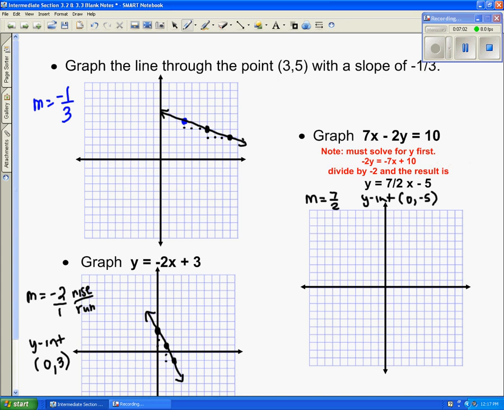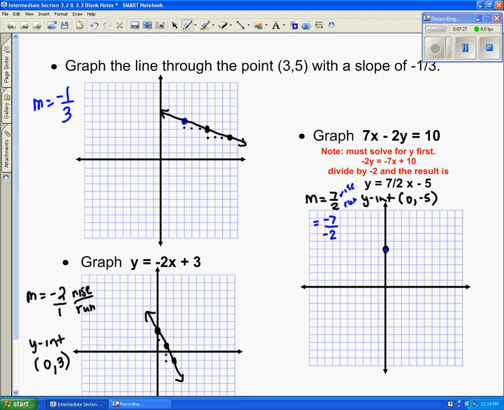I start at (0, -5), which is here. Now I want to do my rise over my run, so it's going to go up 7, right 2. But since from here I can't go up 7, I'm going to go in the other direction, which is the same thing: down 7, left 2.